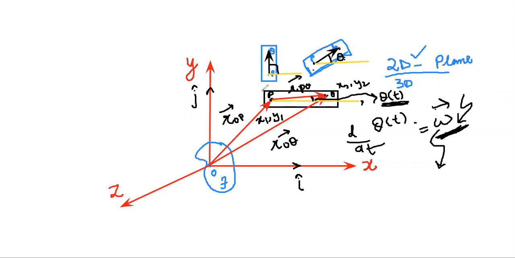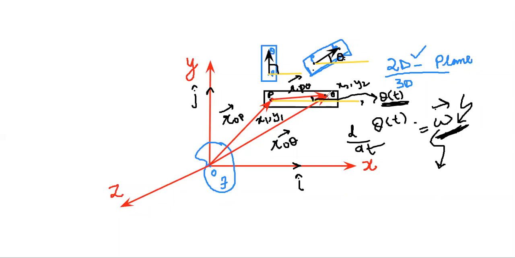As long as the duster is on the blackboard, it has some thickness, so p will have some value of z, and q will have some value of z, because these points are not strictly lying on the xy plane. So point p will be away from the xy plane, and point q will also be away from the xy plane.